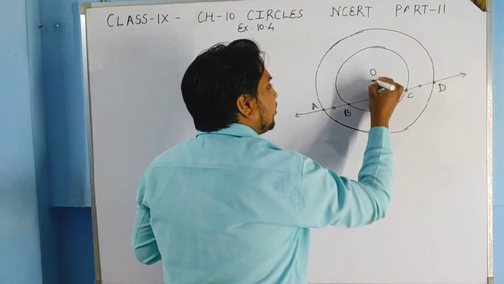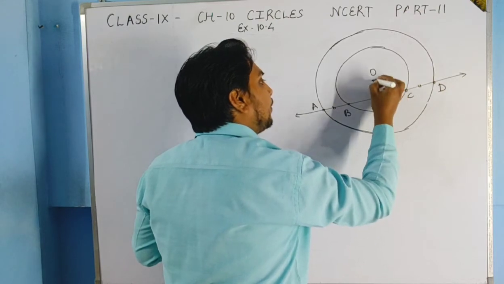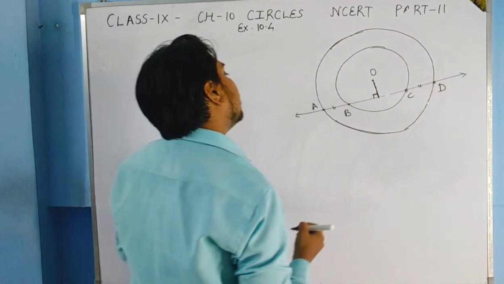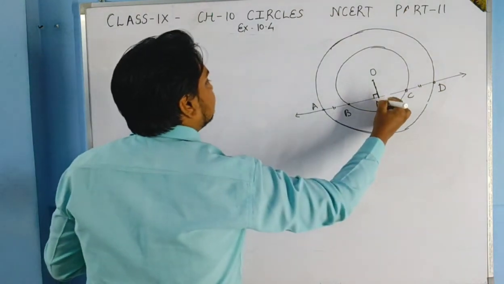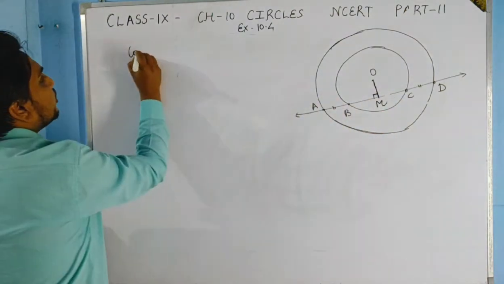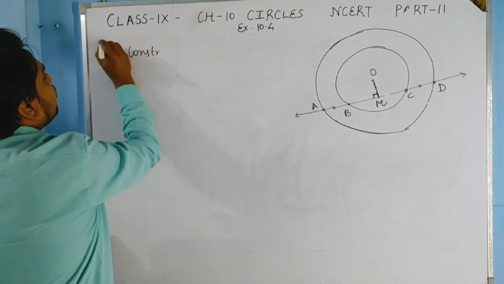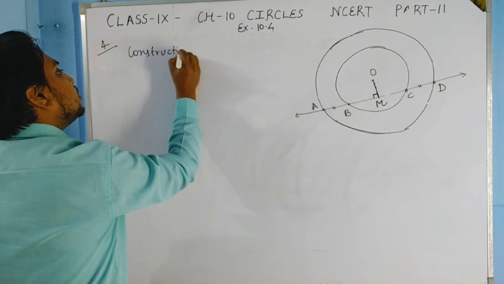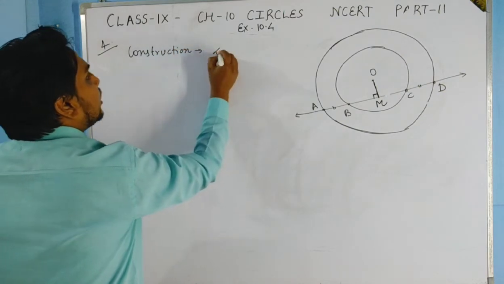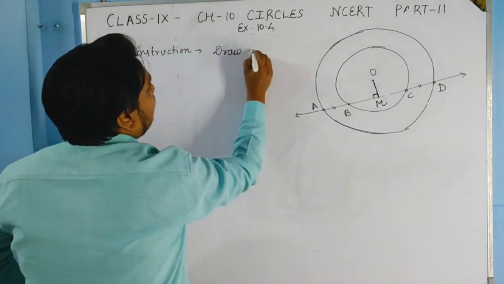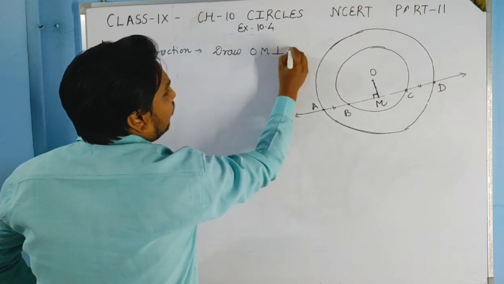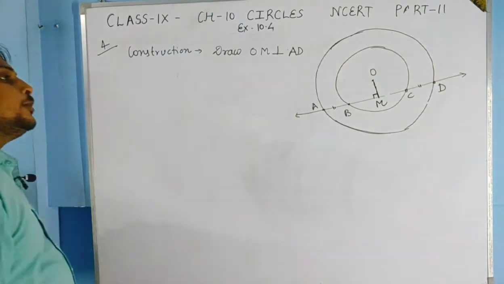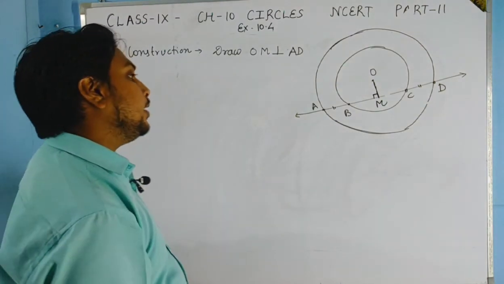One thing you have to do: draw a perpendicular on this line, suppose it is M. So in the construction part, for question number 4 of exercise 10.4, draw OM perpendicular to AD.